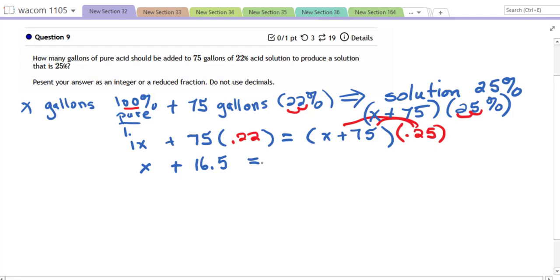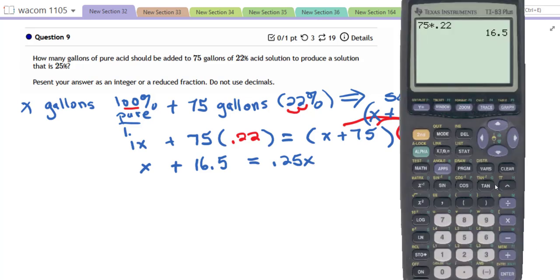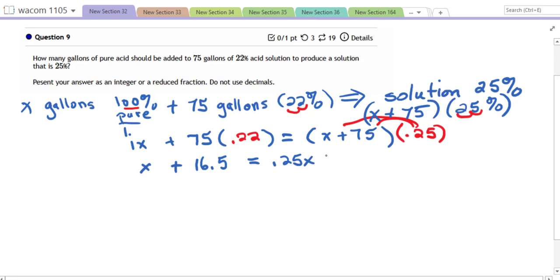Equals, and over here we get 0.25x, and we have 75 times 0.25, which is 18.75. And now we're ready to solve.